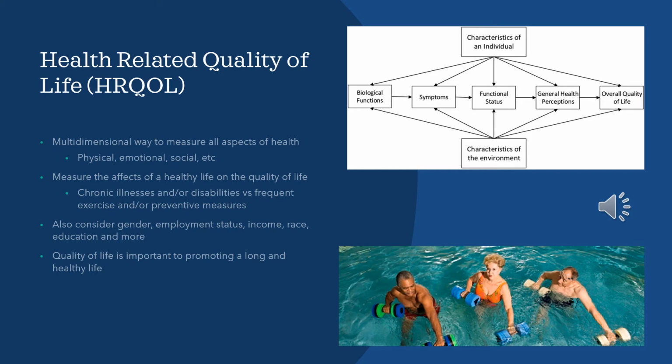A healthy life could include things such as frequent exercise and/or preventative measures like vaccines, and an unhealthy life could include things like chronic illnesses and/or disabilities. Health-related quality of life also takes into consideration gender, employment status, income, race, education, and more.